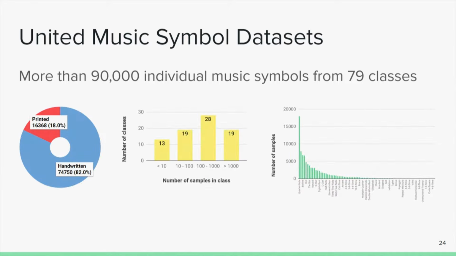And I collected a really large set of isolated symbols with more than 90,000 symbols from various datasets, both typeset and handwritten symbols. There were some issues here because some classes were much more prominent and dominant than other classes. So you had to take care of balancing that out during training to not mess up your classifier.